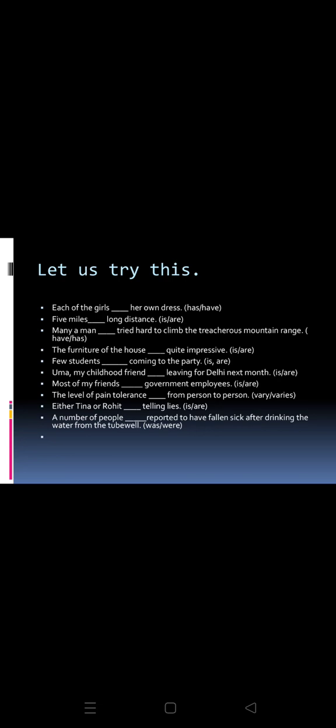We are going to use "varies" for the level; level over here is the subject. Either Tina or Rohit is telling lies. A number of people were reported to have fallen sick.